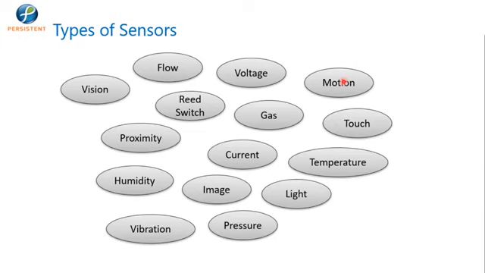For capturing the motion, I have a motion sensor. For checking the magnetic field generation, I have something called a reed switch. To talk about capturing the flow signal, I have a flow sensor. So, a lot of sensors are available which can be used for connecting them to the Arduino board.